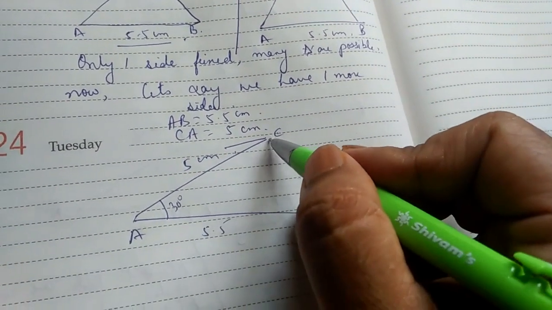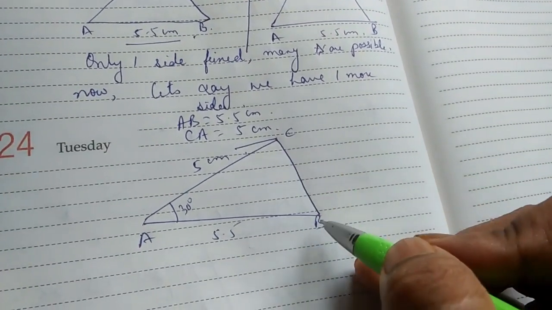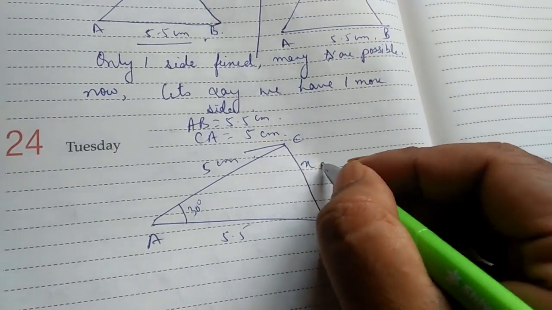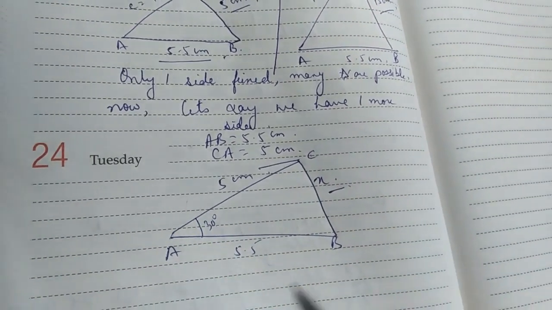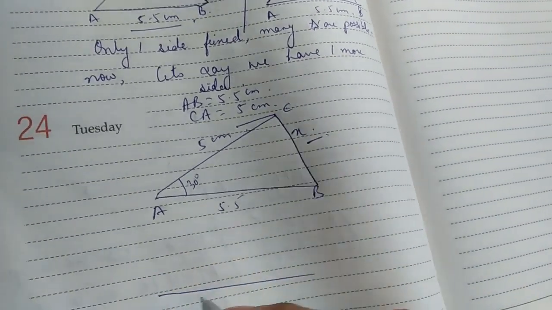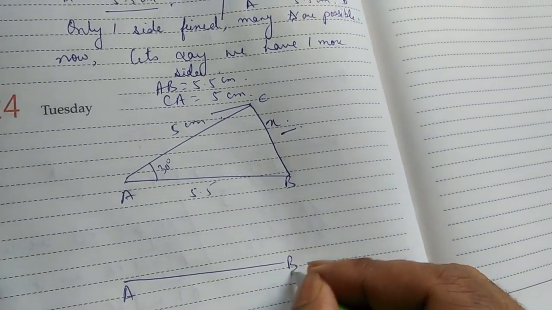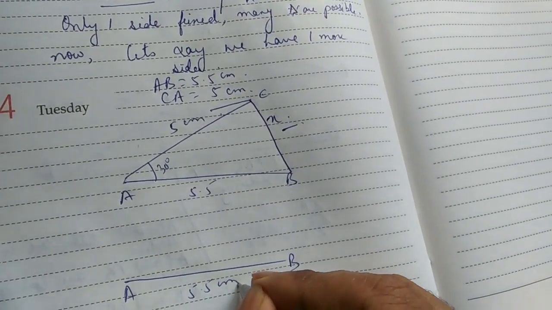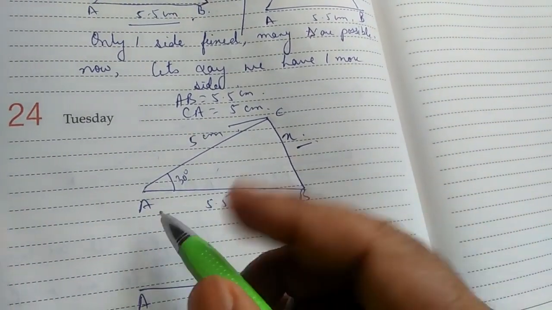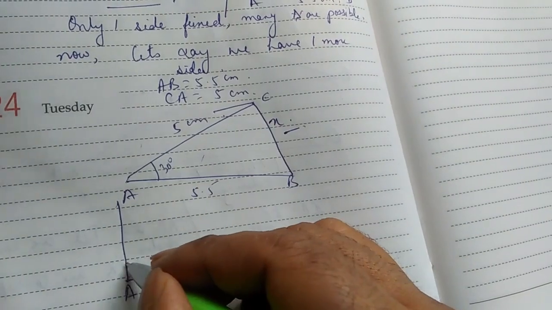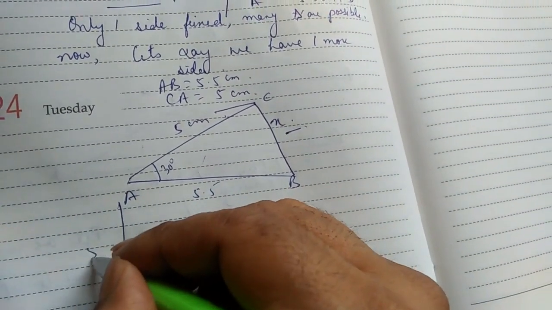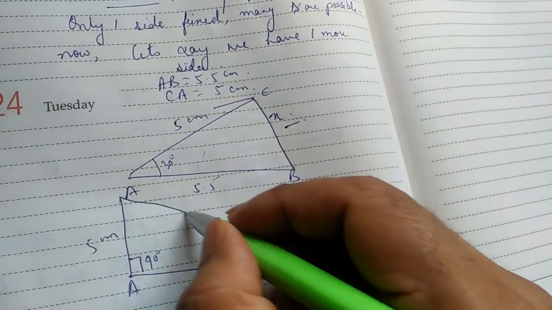So we can join this particular line CB, let's say this is X. If AB is equal to 5.5 centimeters, let's say CA can be a perpendicular line of 90 degrees, 5 centimeters, we can still join it.